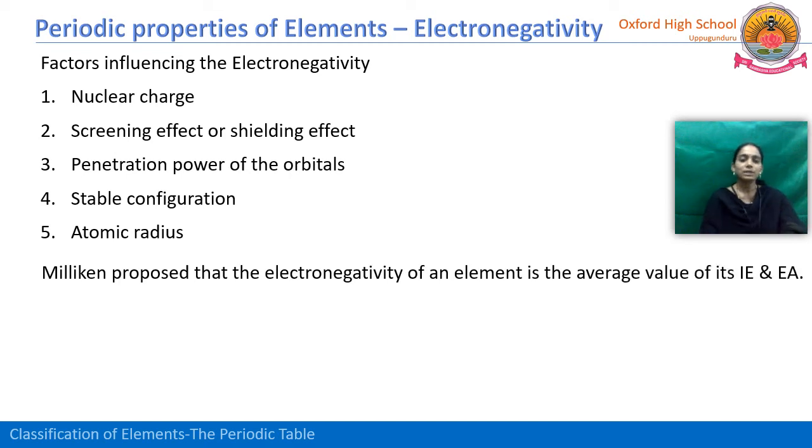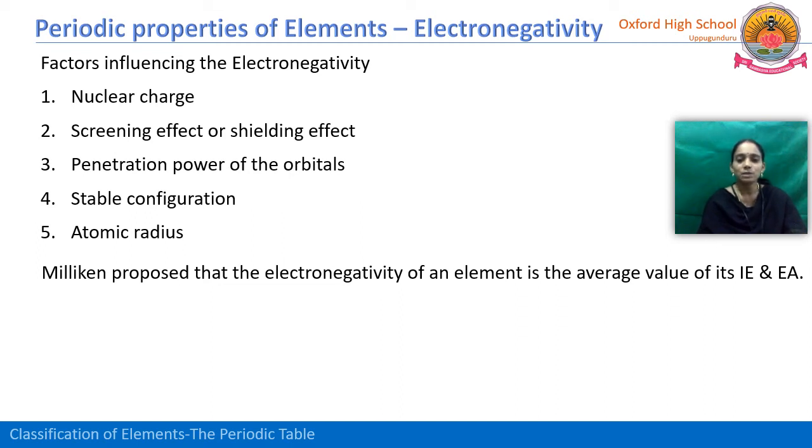If the atomic radius decreases, the nuclear force of attraction increases. And as for the screening effect, in a group the number of shells increases and all these act as a shield, so the tendency to attract the shared pair of electrons decreases. So all the factors affecting ionization energy and electron affinity also affect electronegativity.